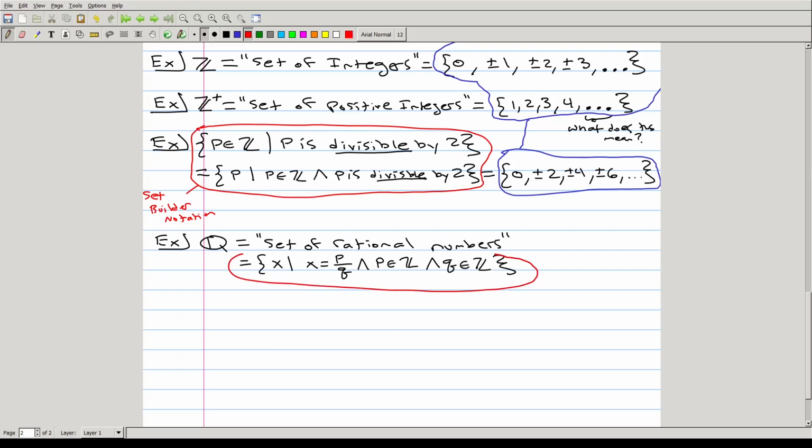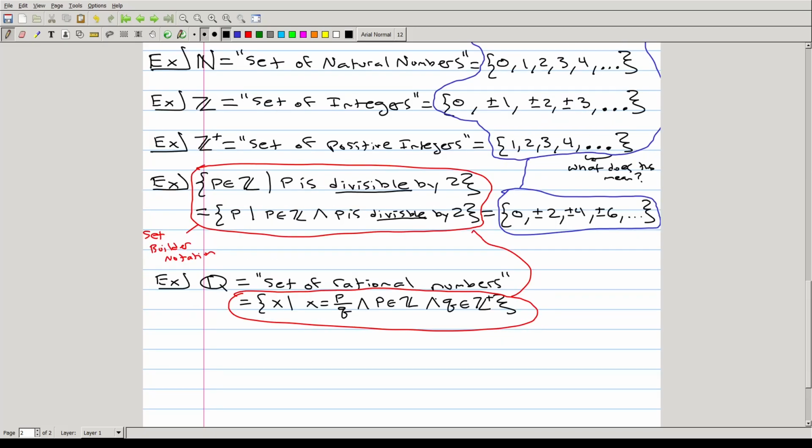This is the collection of all fractions of integers where the denominator has to be non-zero. Hence, we'll take q in Z positive. But this is again in set builder notation, where you say Q is the set of all x such that x satisfies certain properties.